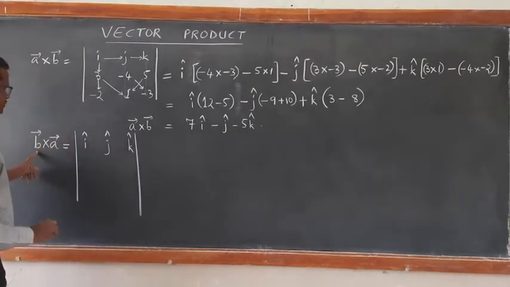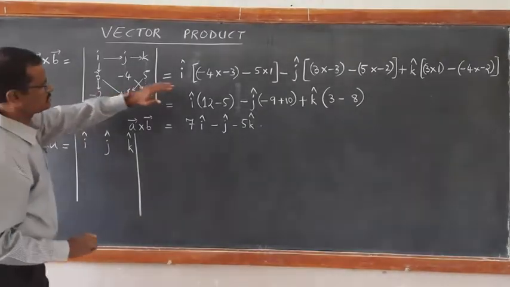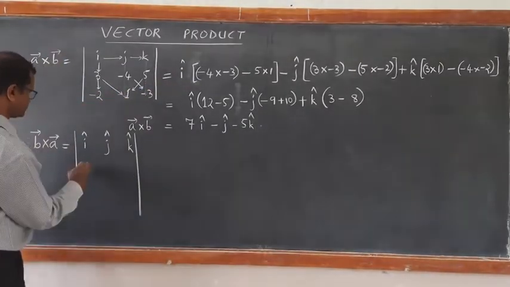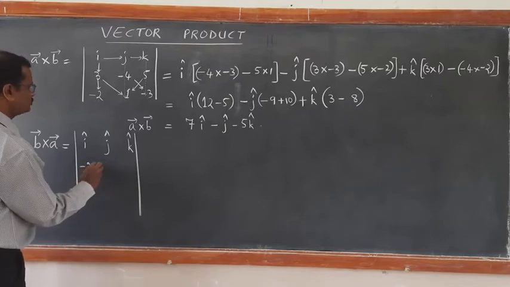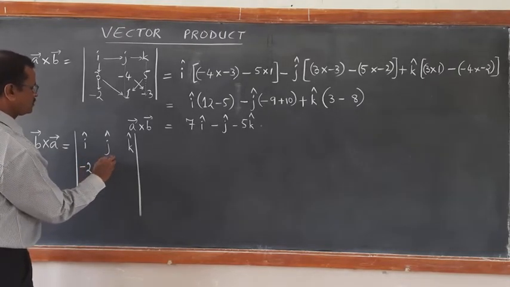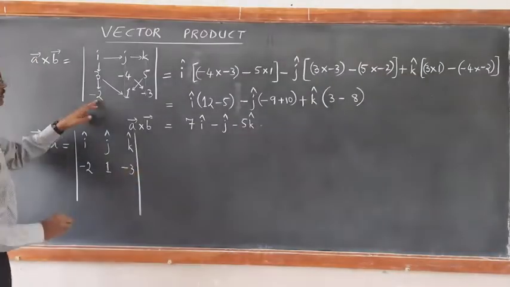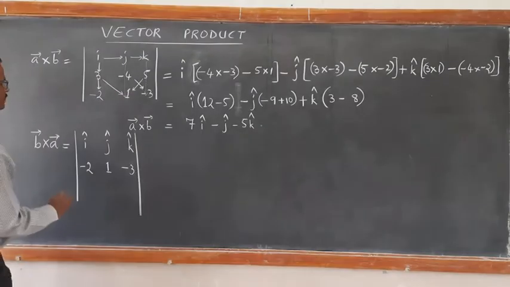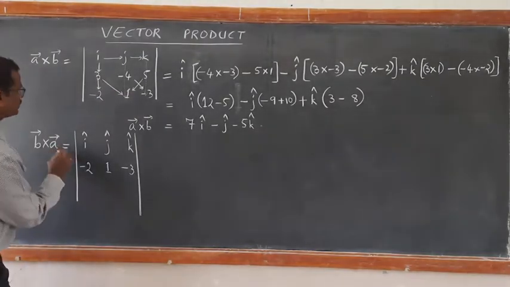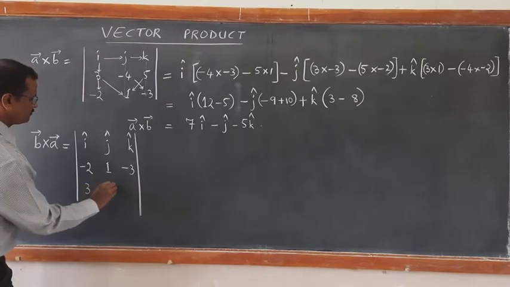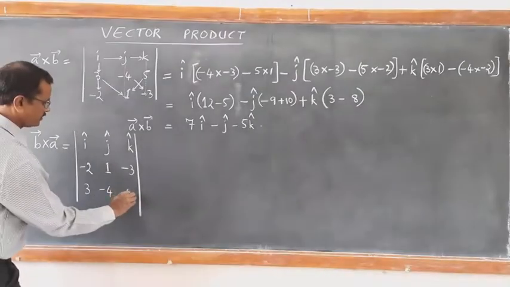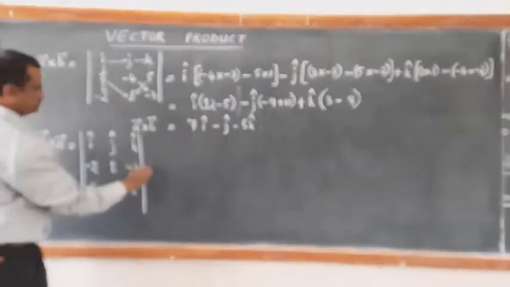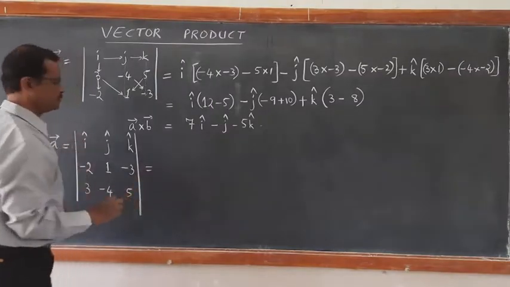Now you write the components of B first. What are the components of B? You have to write minus 2, 1, minus 3. This is the component of B. Then the next component, of A. The components of A are 3, minus 4, 5. Now just expand it in the same manner.